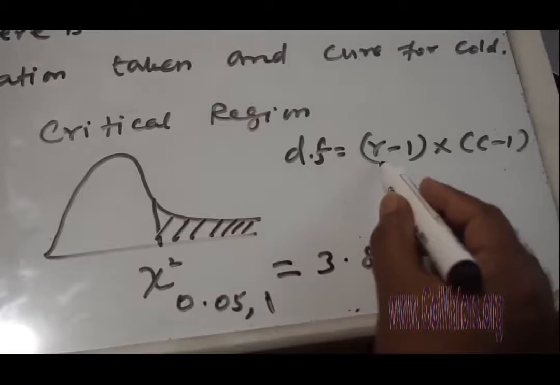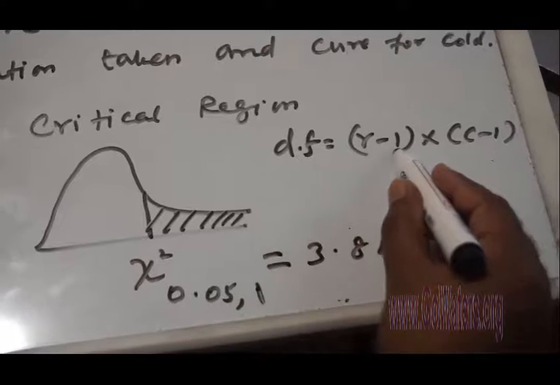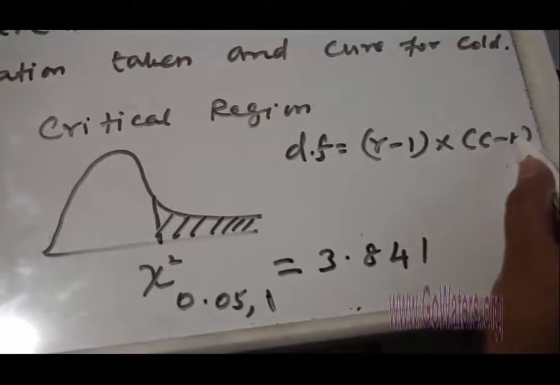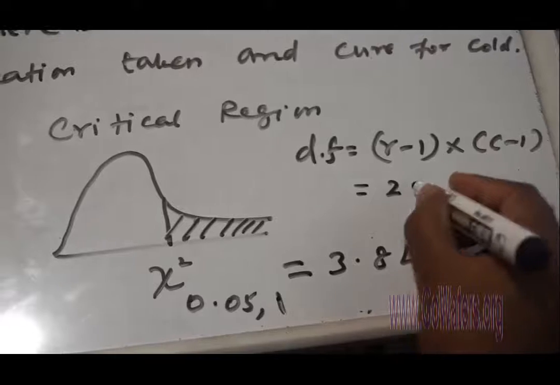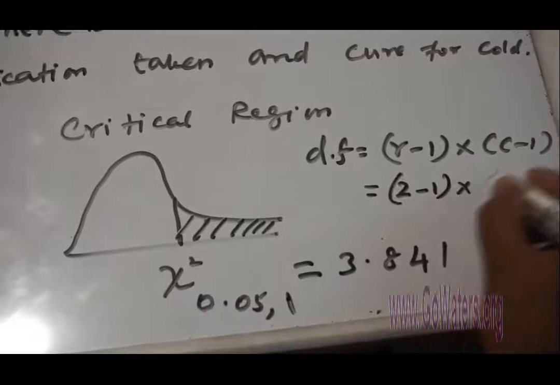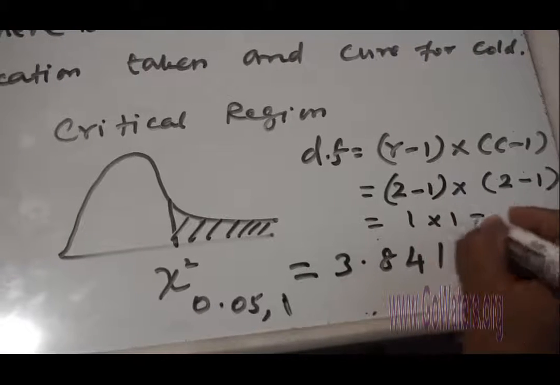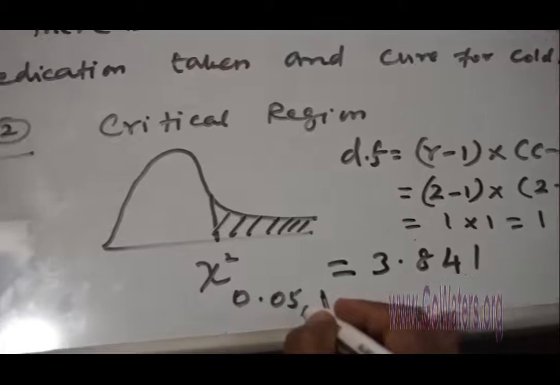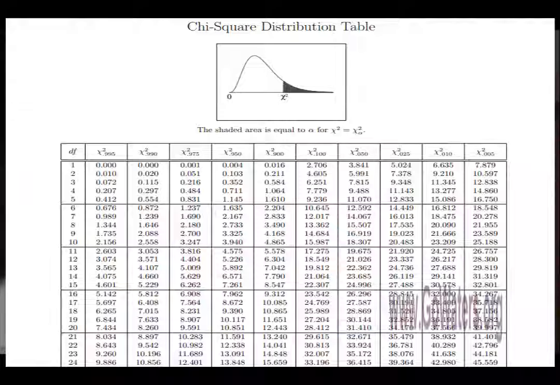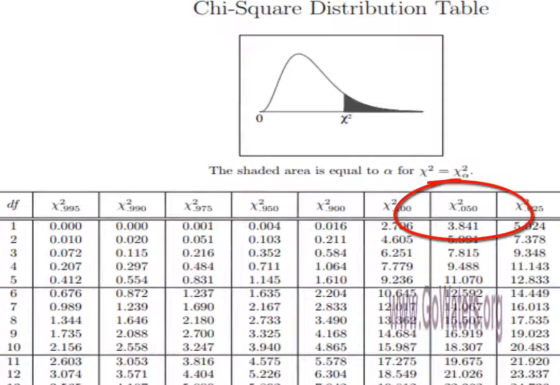Now we read the value from the chi-square table: degrees of freedom 1 and alpha 0.05, chi-square 0.05 with 1 degree of freedom, and the intersection is 3.841.